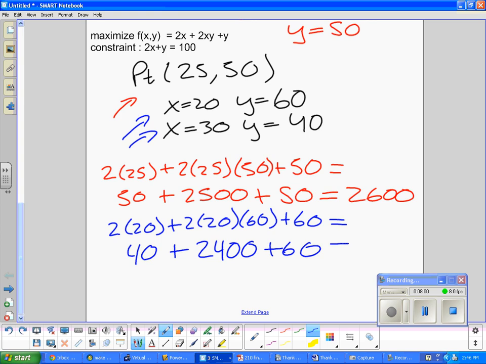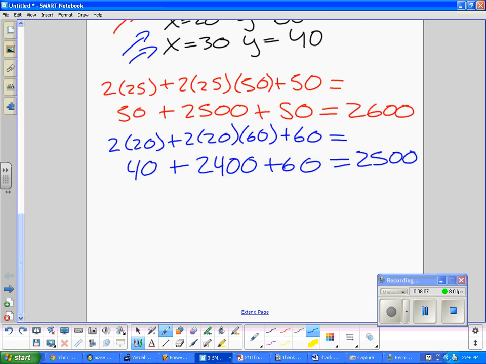Now you see we did get it less, which starts to indicate that this is a maximum.